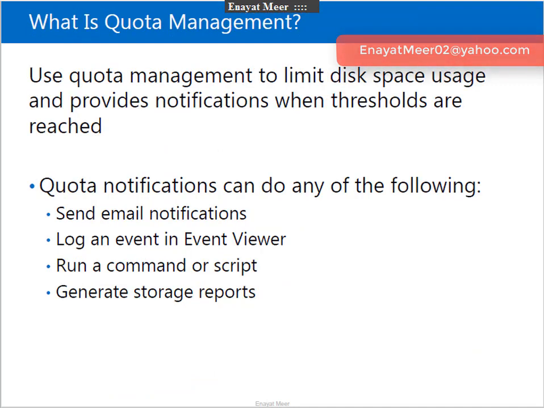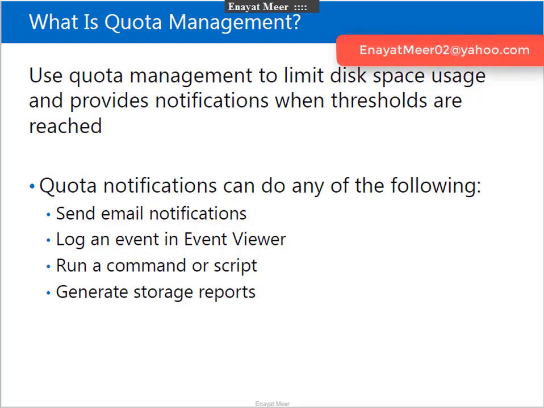For quota management, you can use quota management to limit disk space usage and provide notifications. What it does basically is provide notifications when thresholds are reached. Like if you have 500 megabytes, you can set a threshold at 500 and set up a warning on it.